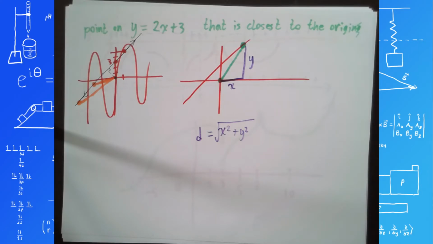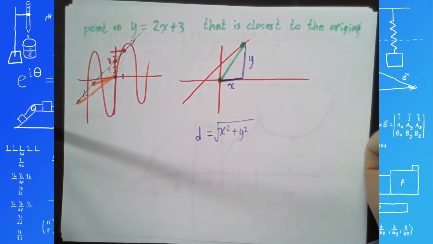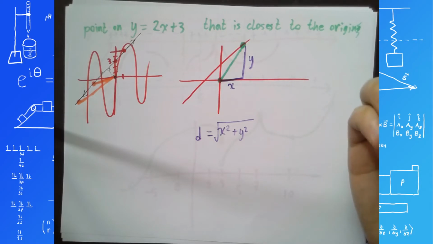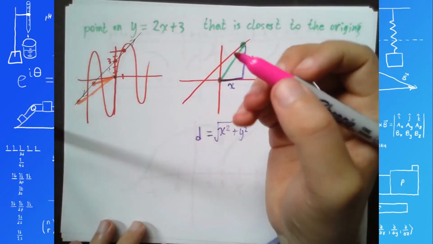And for an optimization problem, what you really want to do is write your objective function in terms of just one variable. And if the term objective function is foreign to you, that just means the function that you're trying to maximize or minimize. In this case, we're trying to minimize distance from the origin, so that's our objective function.